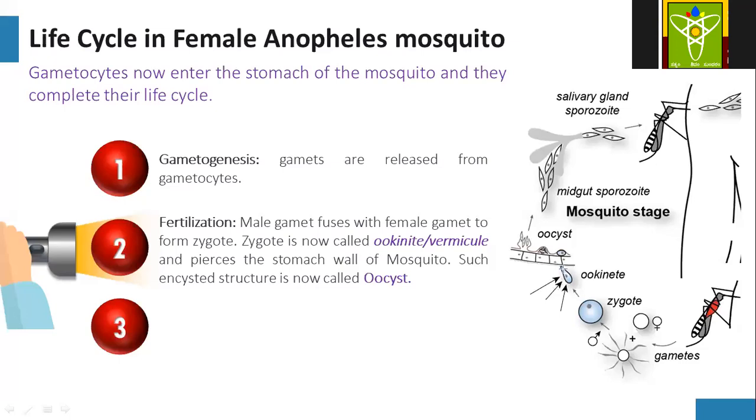This particular worm-like structure pierces into the stomach wall of the mosquito. And such a structure will now get protection from the wall of the stomach. Hence, we call this stage the oocyst stage. Now, the question arises, sir, why is it taking such protection?